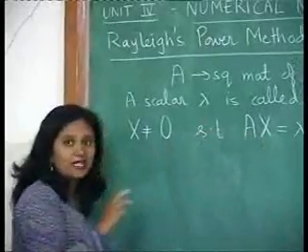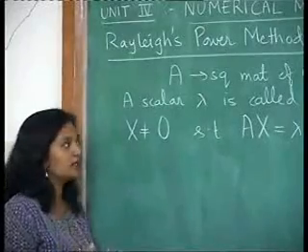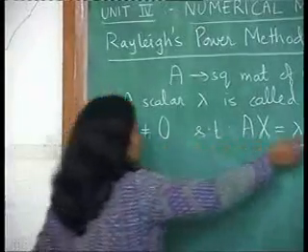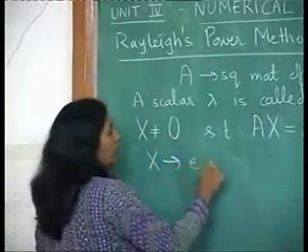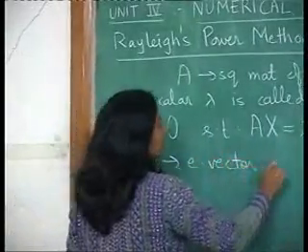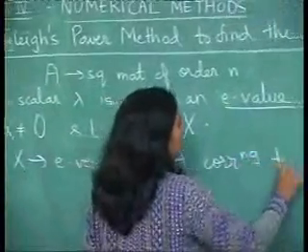If at all there is one such vector, you can be rest assured that there will be infinitely many such vectors satisfying this equation. Each such vector will be called an eigenvector of A corresponding to the eigenvalue lambda.